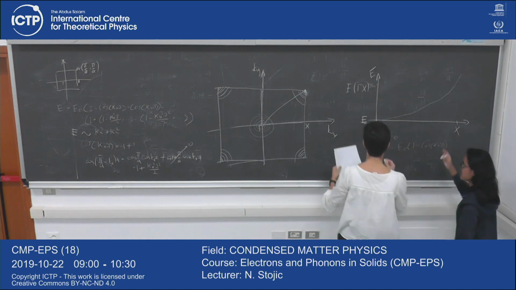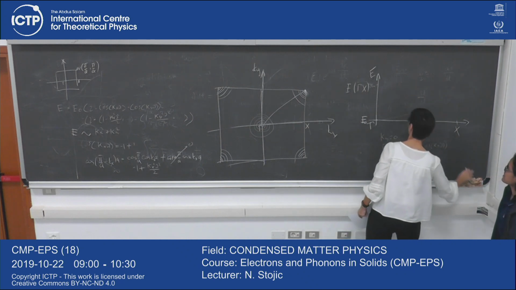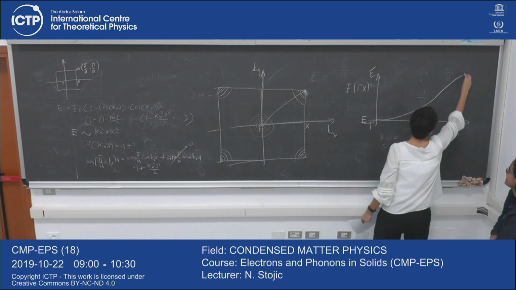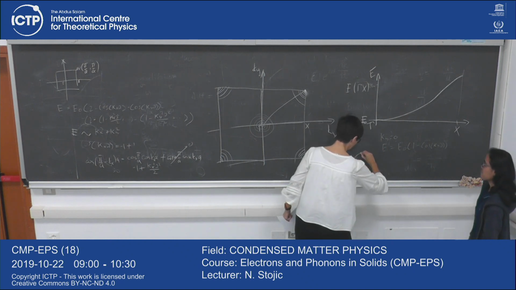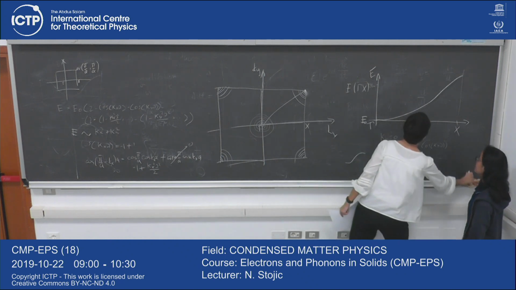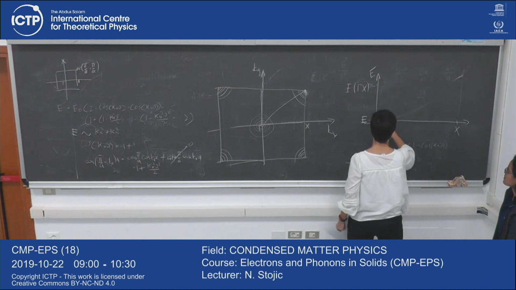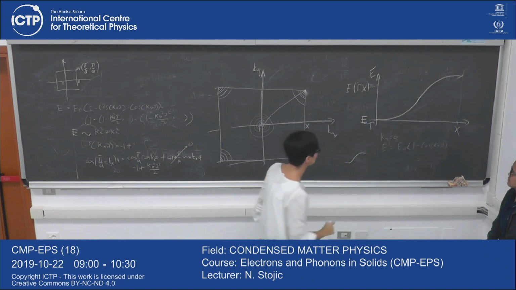It should be more like a cosine, no? Not much better, but it has this form a bit, I wanted it, I didn't manage. Okay, a little bit better, yeah.